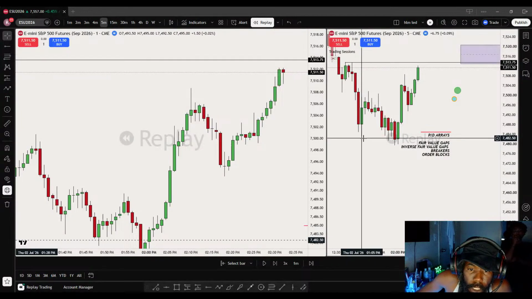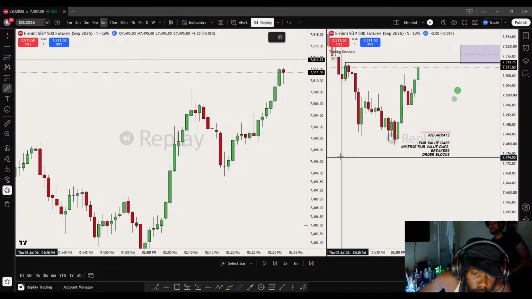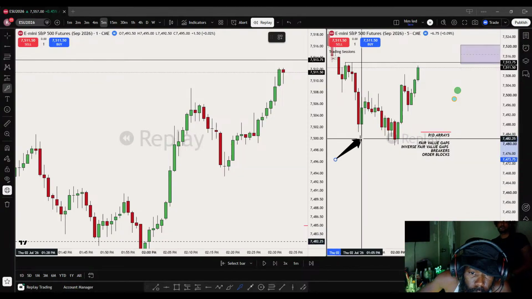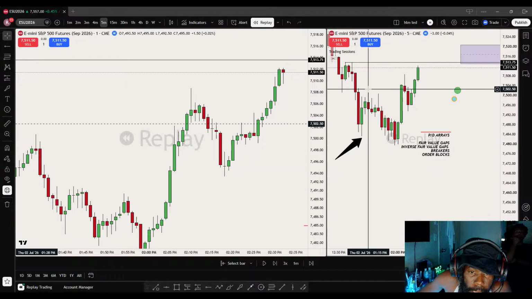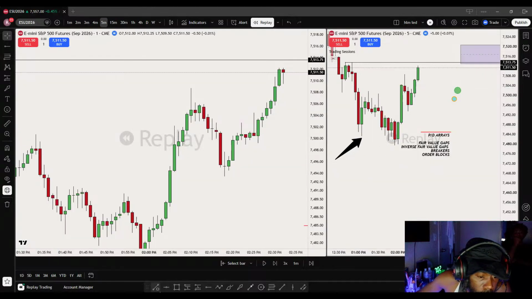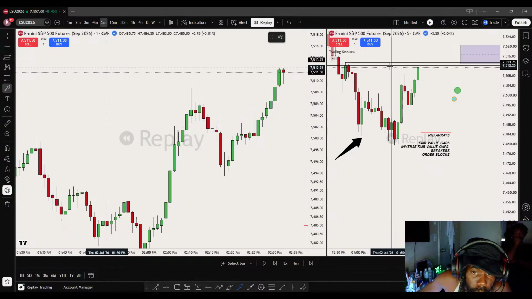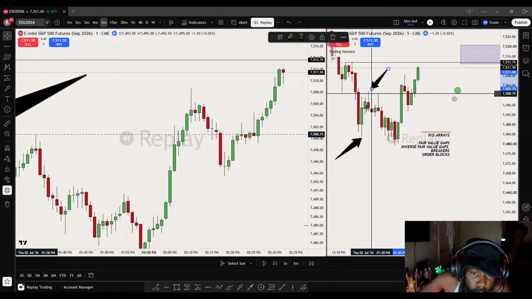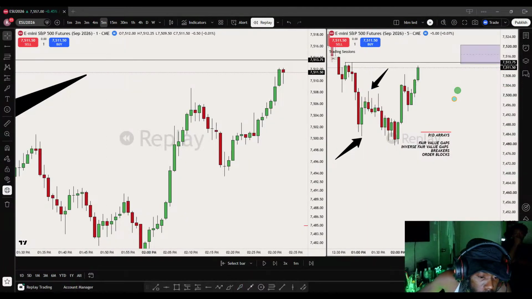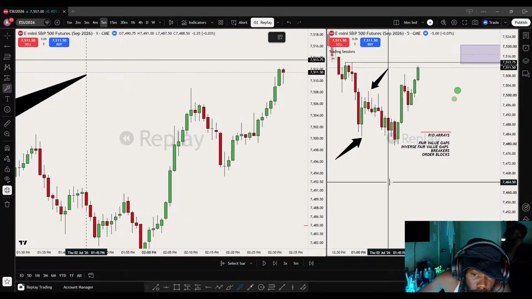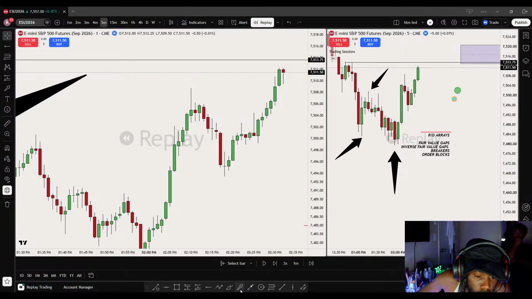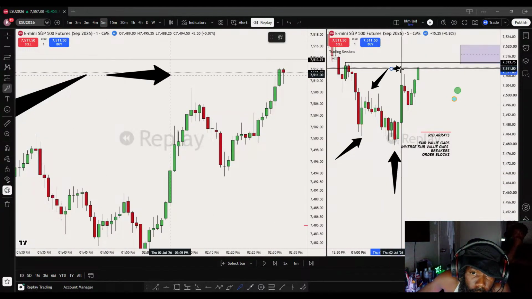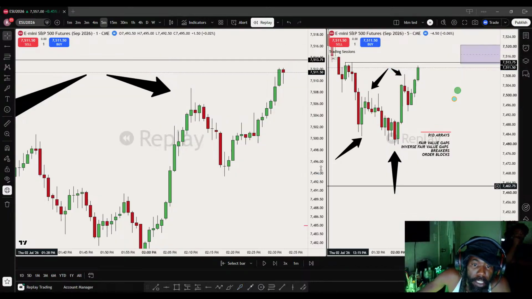Let's look at it one more time. Low, high, lower low, higher high. Because now I'm showing y'all the chart example. Y'all see it?